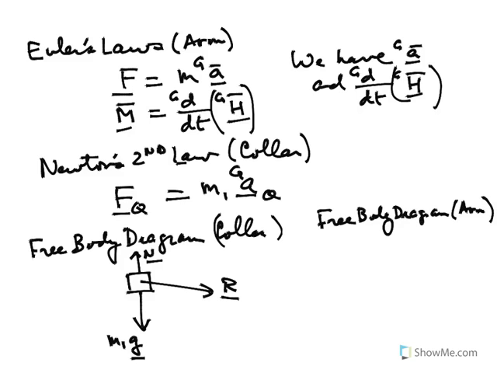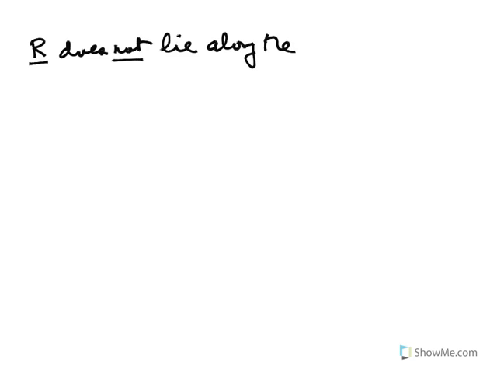So the forces acting on the arm, we have negative R, and then here's the arm. And then we have m2g acting at the center of mass of the arm. Now, this is where the strong form of Newton's third law does not apply. R does not lie along the axis of the arm.